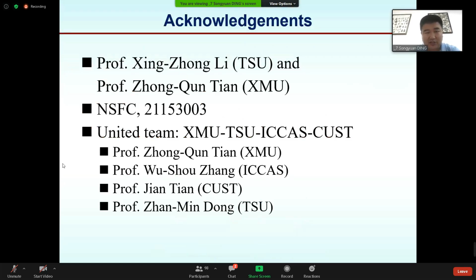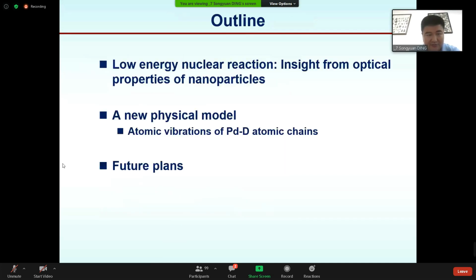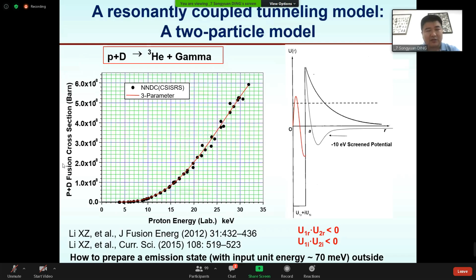I'd like to thank Professor Xinzong Li and Zhongxun Tian. The two professors introduced me to this very challenging field. Professor Li has raised a model he called the resonant coupled tunneling model.